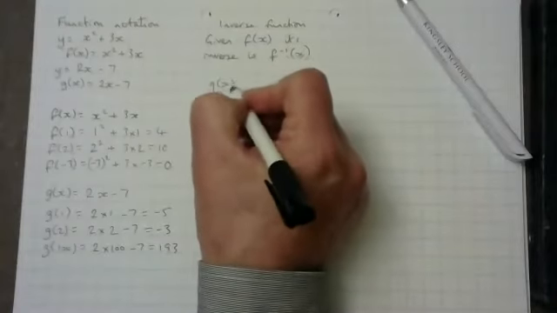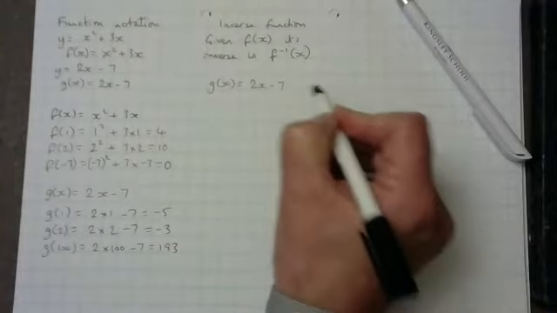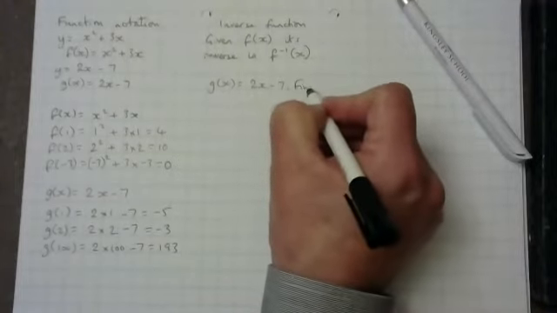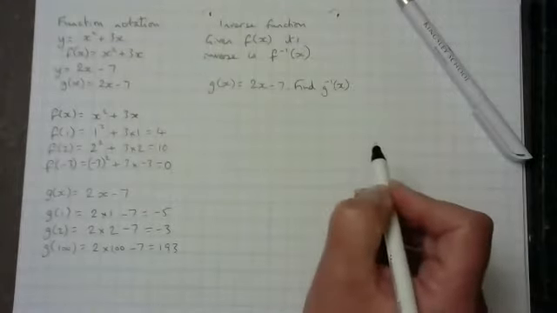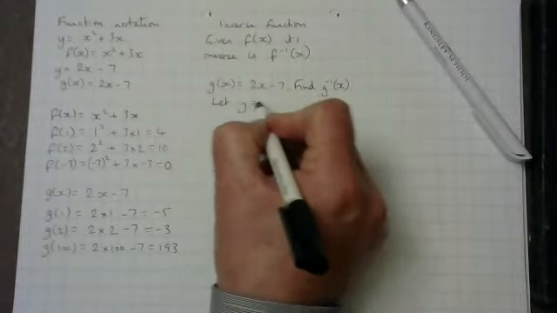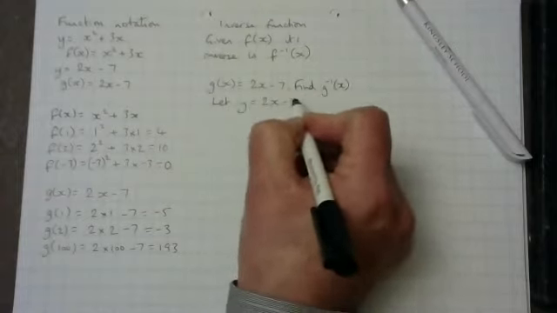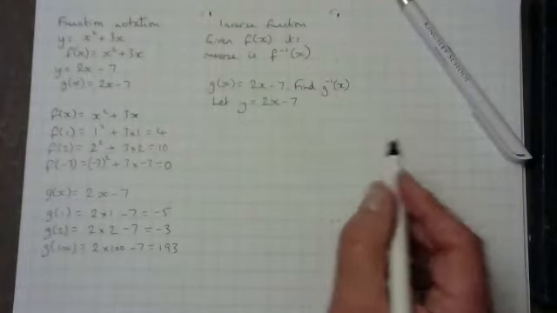G of x equals 2x minus 7. Find g to the minus 1 of x. The method is always the same. Let y equal 2x minus 7 and just rearrange the equation to get x by itself.